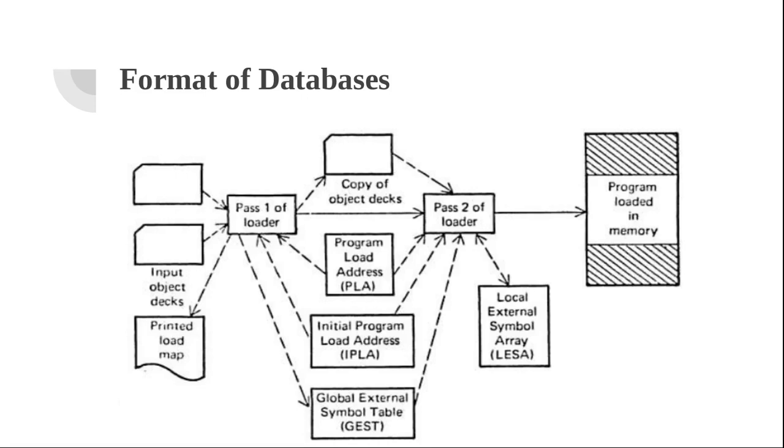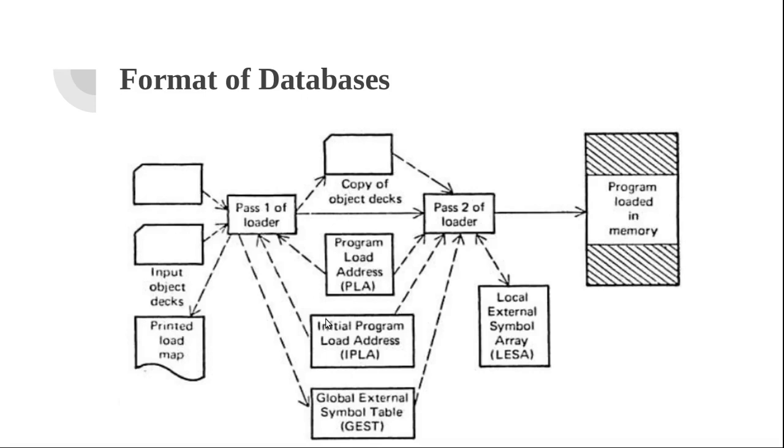Now we are moving on to formats of databases. Again, you can see here it requires two passes. Input to pass 1 is the object deck, and it requires two more inputs.